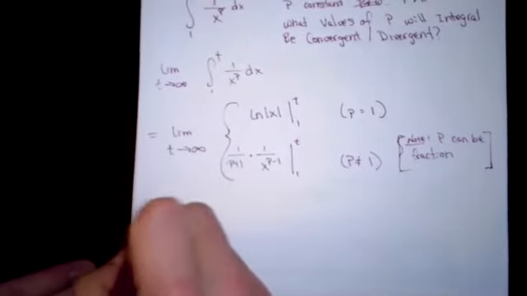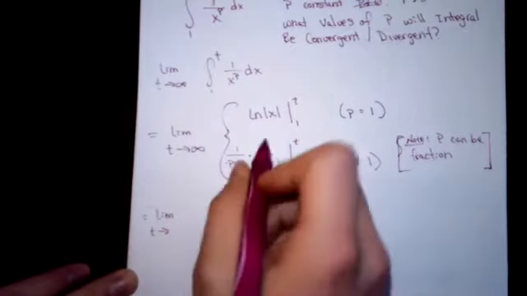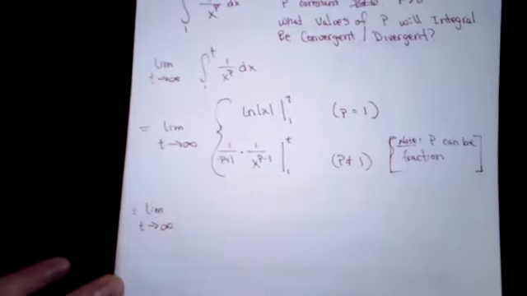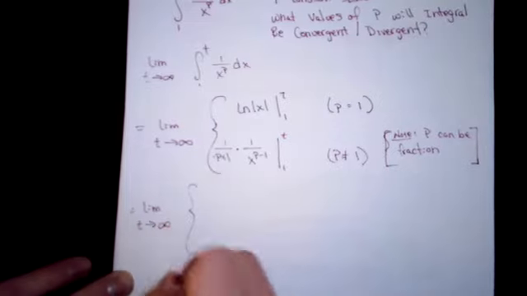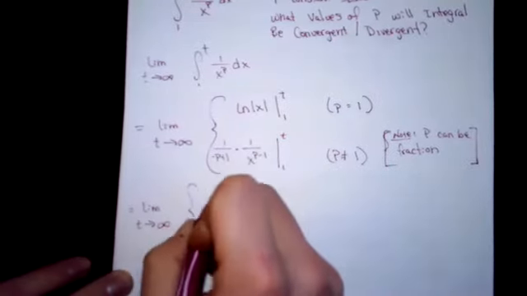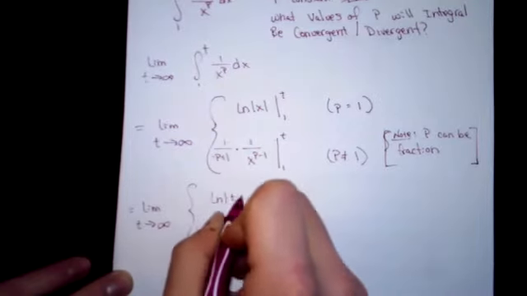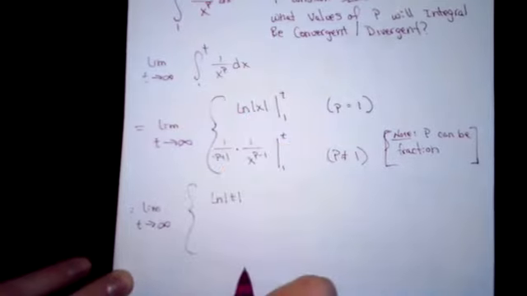P can be a fraction. So what do we get? We get our limit as t goes to infinity. We just want to compute both of these cases. Well, in the first case, what are we going to get? We've got natural log of t, and then it was minus 0 when I plug in that.